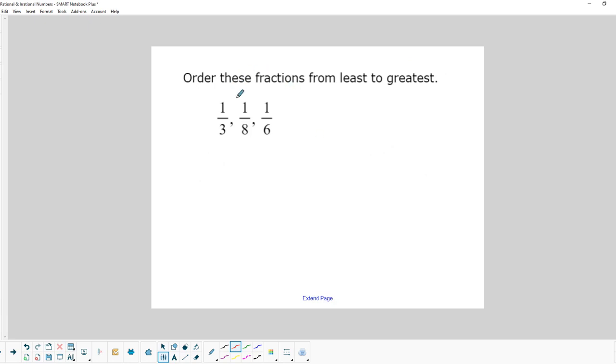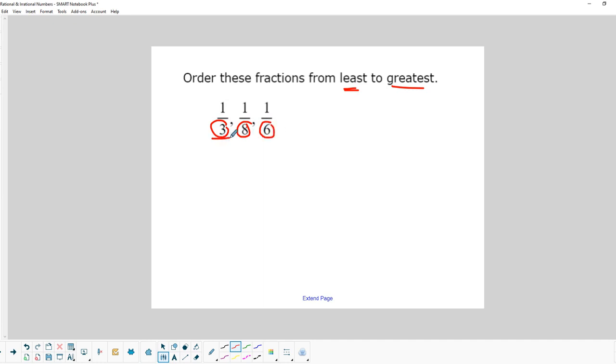Okay, now what if I want to order some fractions from least to greatest? Well, sometimes I like to just divide them out and find out what they are as a decimal. Or in this case, let's look at it. We have one of each of these. So what's bigger, a third, an eighth, or a sixth?